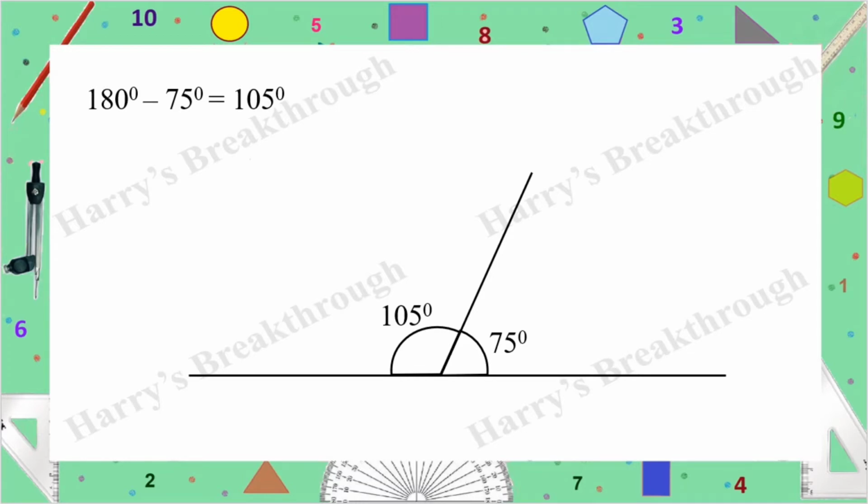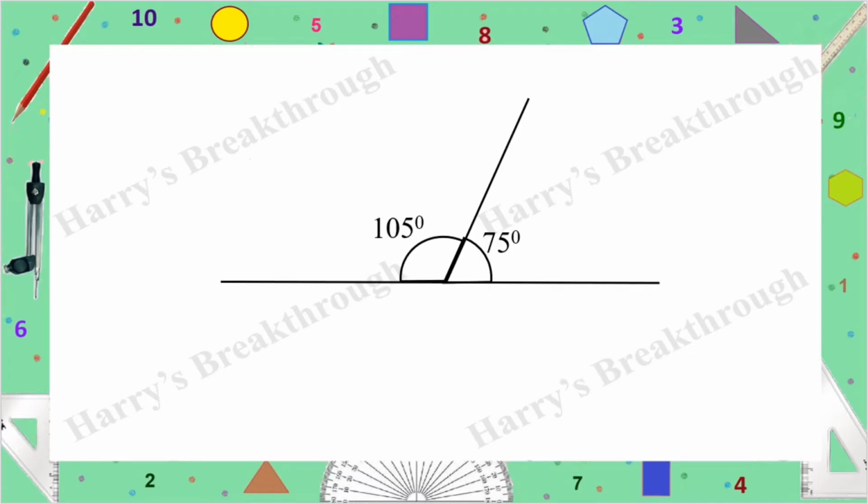Suppose we extend the upper line downwards, what will happen? Here we got two more angles underneath, right? How much will be these two angles? How can we find that?